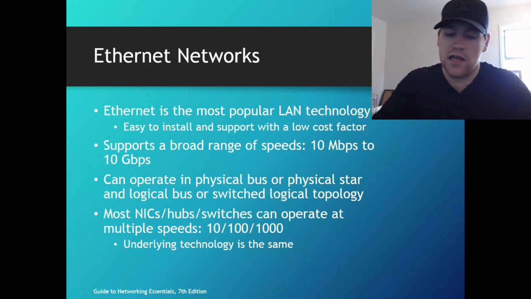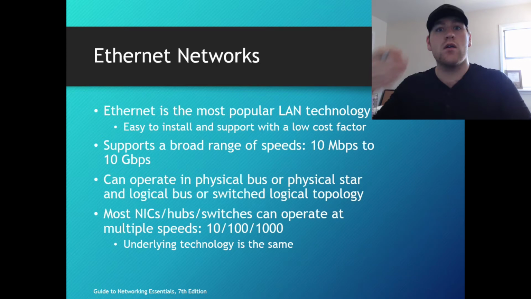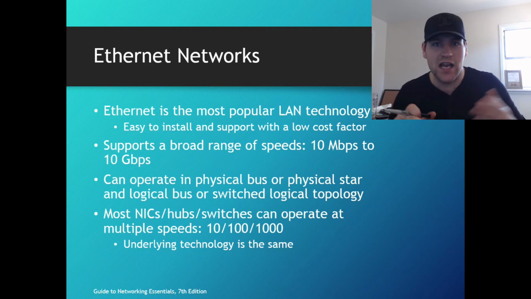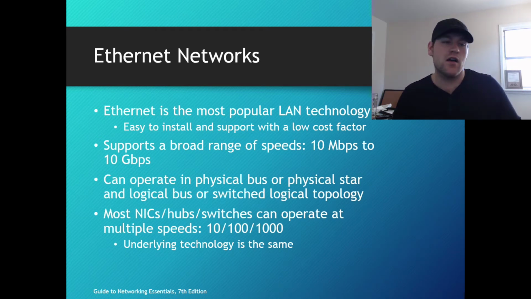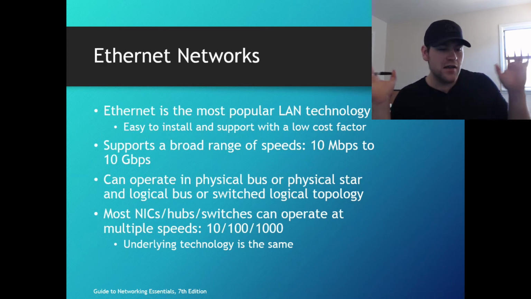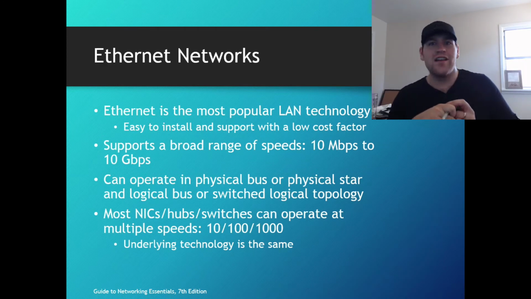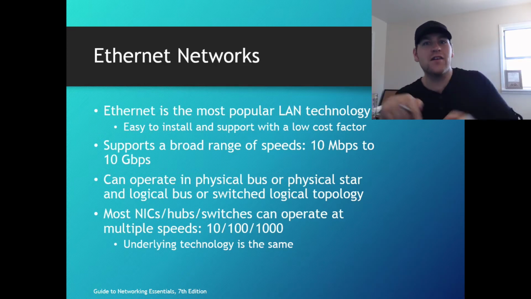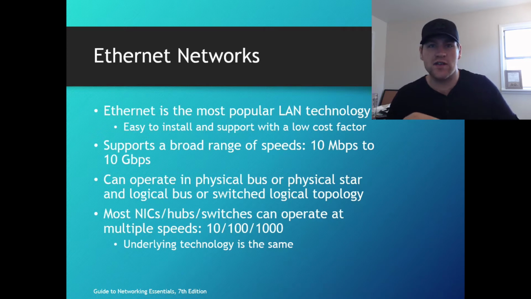Token Ring used what was known as token passing as its media access method, meaning only one device transmits at a time. The analogy I give is like a talking stick. If anybody in the class has ever been to a camp, you maybe were sitting around a fire at the end of a long day, telling scary stories, and you had a counselor who, when it was your turn to give a story, gave you the talking stick.